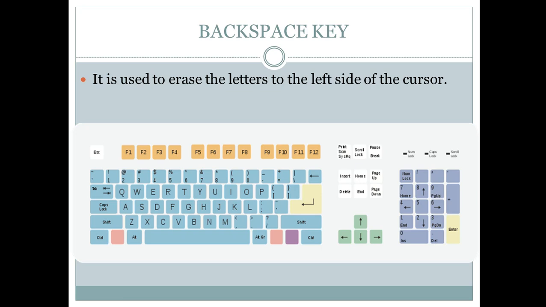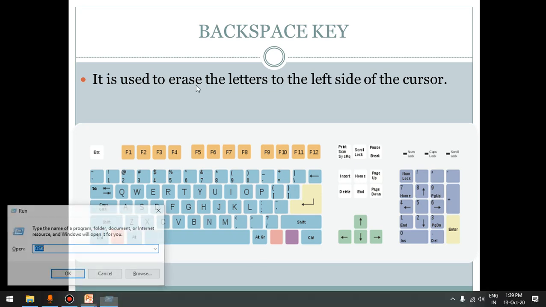To remove those letters, what exactly can we do? We can use the backspace key. Using the backspace key, we can remove or erase the letters that are present on the left side of the cursor. Let me show you practically how.